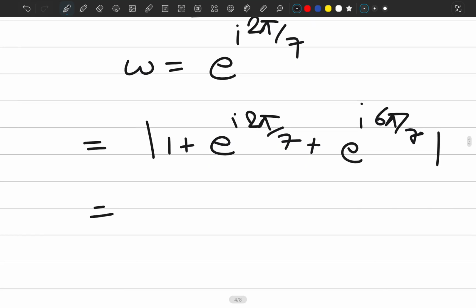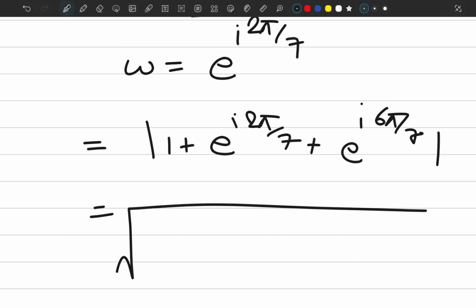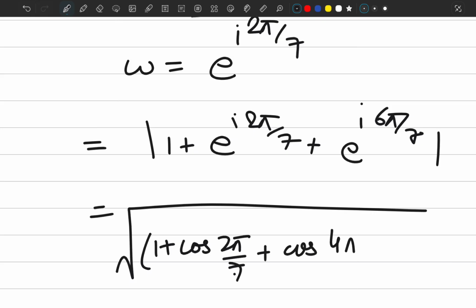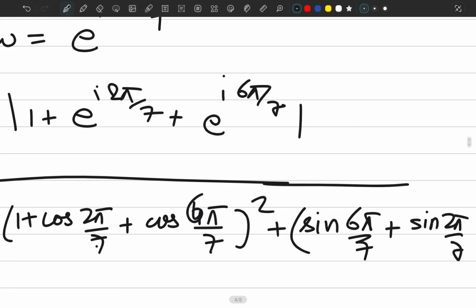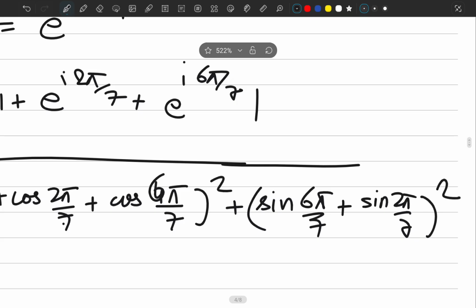Okay. Now if we convert it into the polar form and take the modulus, we'll get cos 2 pi by 7 plus cos 6 pi by 7, squared, plus sine 6 pi by 7 plus sine 2 pi by 7, squared.